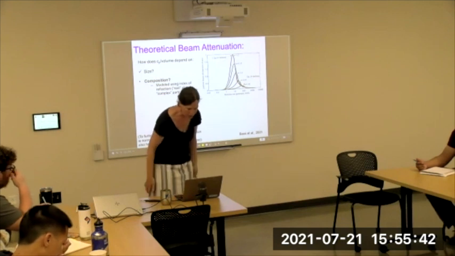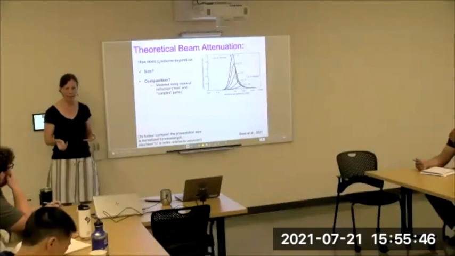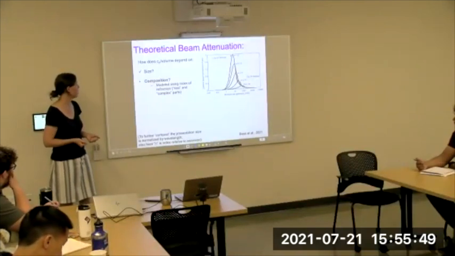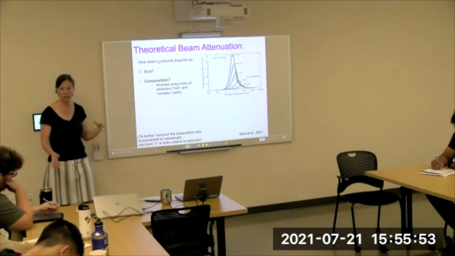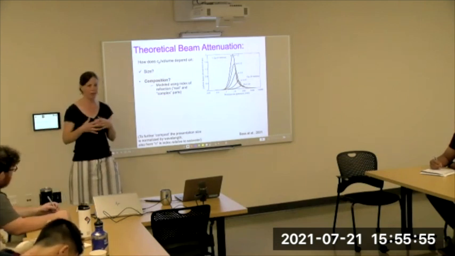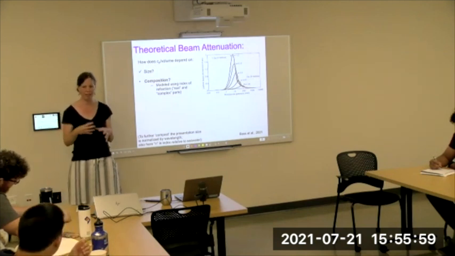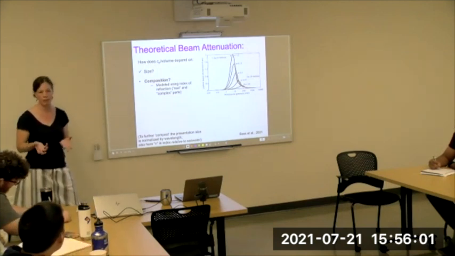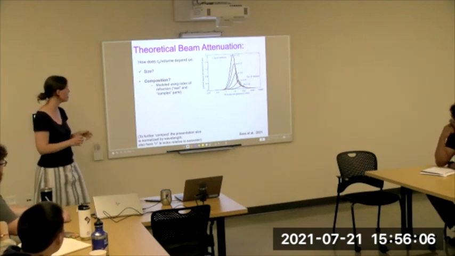Okay, so we talked a little bit about the size dependence of these theoretical models of beam attenuation. We can also look at the effect of composition, and in Mie theory, we're using the relative complex refractive index of the particle as the parameterization of composition, right? So a watery particle will have a lower refractive index.